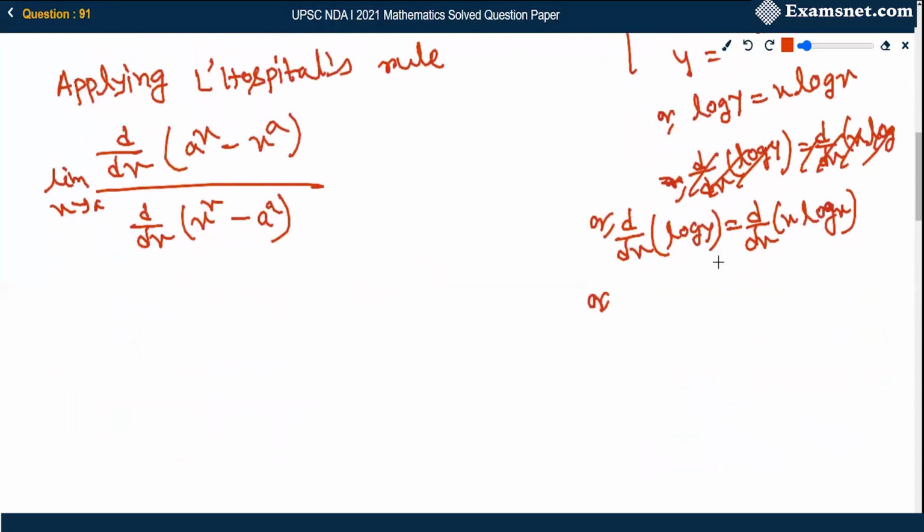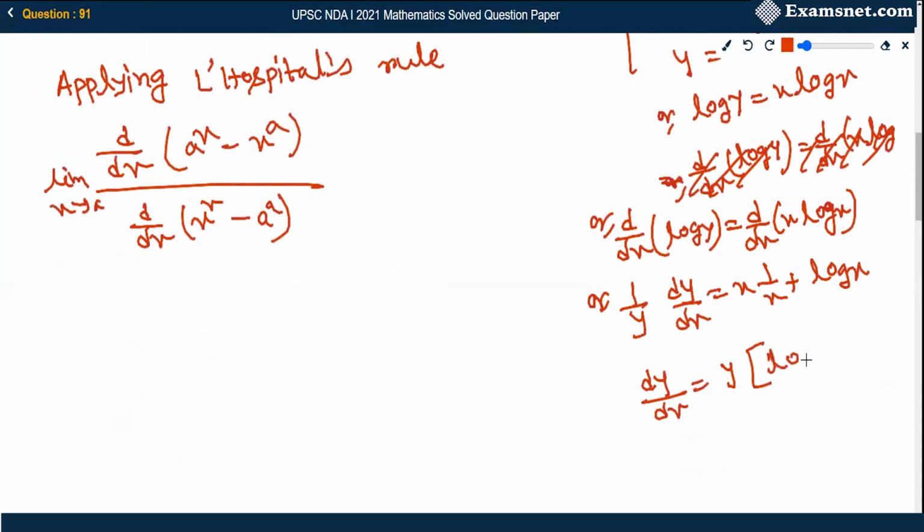Since log y, if we differentiate log y with respect to x, we will get 1 by y dy/dx equals, it's in uv form, so x times 1 by x plus log x. So dy/dx equals y times (log x plus 1).